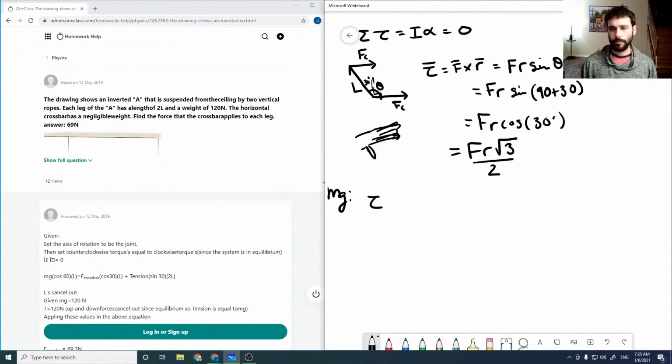So our torque, I'm just going to redraw it again actually, so that the mg torque is going to be applied at L. So our R is L, and our mg is 120 newtons. And again, we're going to put it tail to tail. And it's this angle in here that we need. Again, it bisects the angle, so that would be 30.